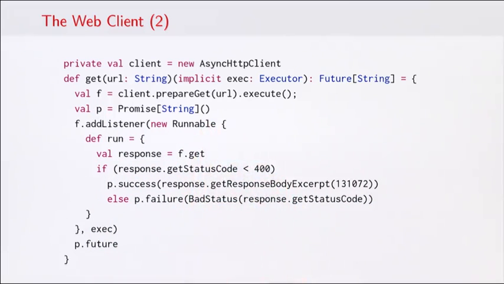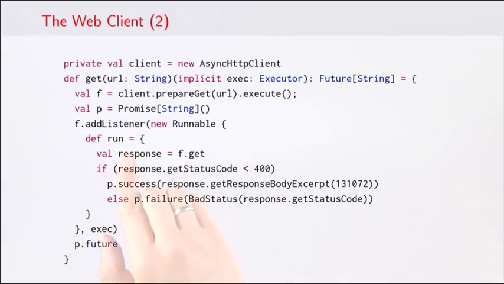The future returned by async HTTP client is not a Java util concurrent future. It has some added functionality, namely that you can add a listener. When this future is completed, this listener, which we register a runnable on, will be run.